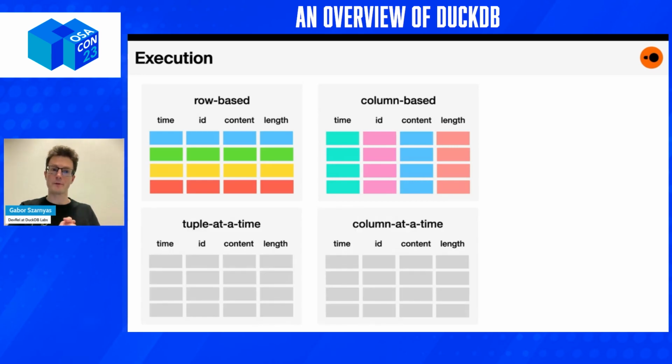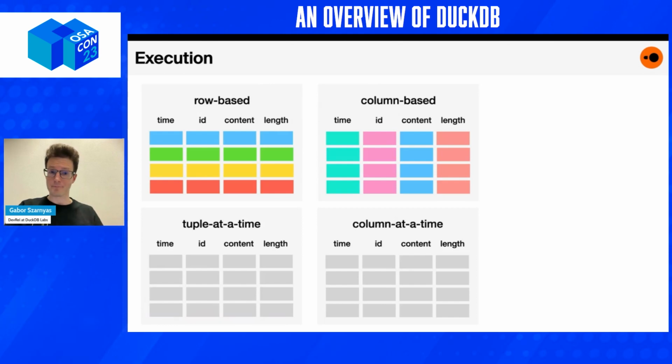In a row-based model, we usually have a tuple at a time processing, where we process the data row by row, which is not ideal because we have to read all the attributes, even the ones that we do not use in the query. And it causes a lot of context switch, which is not really playing nicely with modern CPU architecture.